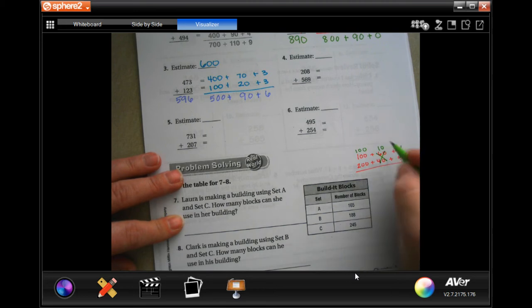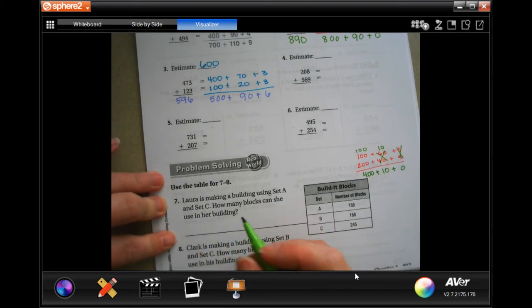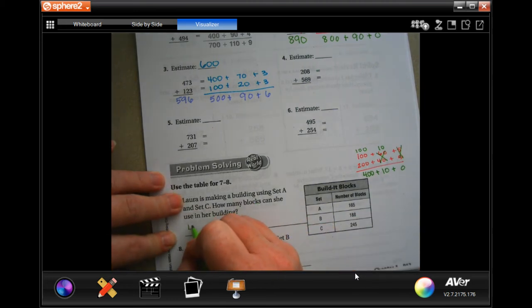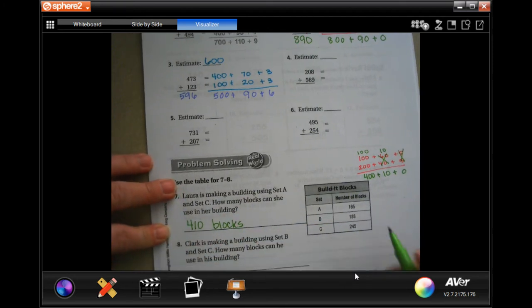Okay, so now I have 0, I have 10, and I have 100, 200 plus 200, 400. So that's 410 blocks. Remember, we're labeling. Okay, number of blocks.